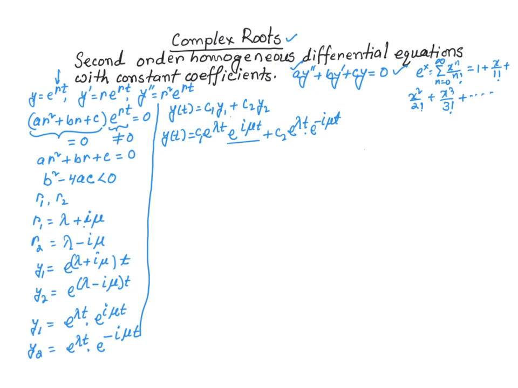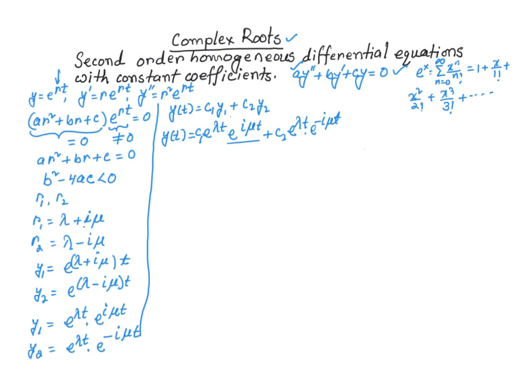Using this power series expansion, you can substitute x by i mu t. If I replace x by i mu t, I'm going to get a similar expression.